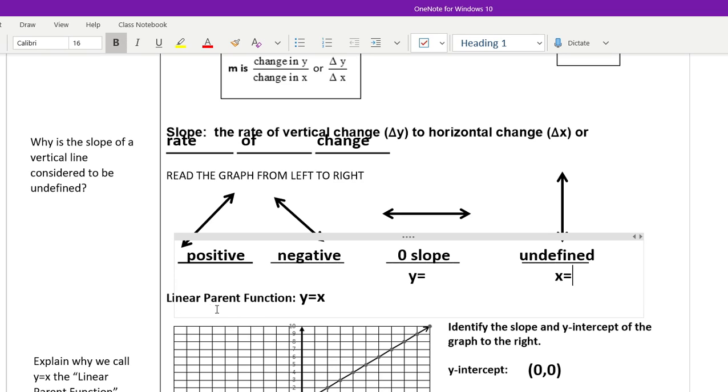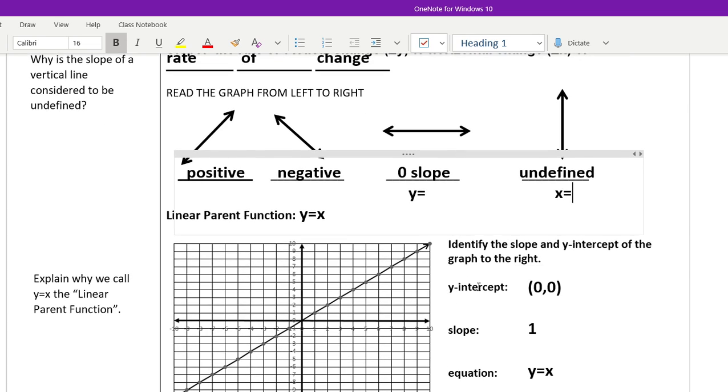When I'm looking at the linear parent function, I'm looking at y equals x. Now I said whenever values were neutral. What I meant by that was our y-intercept is at the origin. It goes through 0, 0. Our slope goes up 1 and over 1.